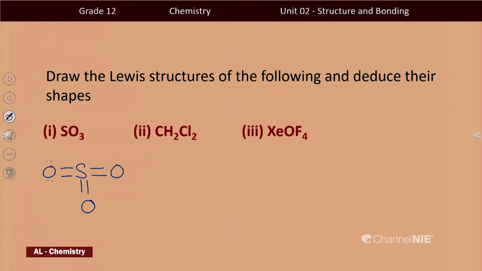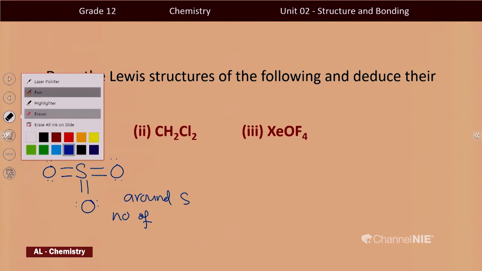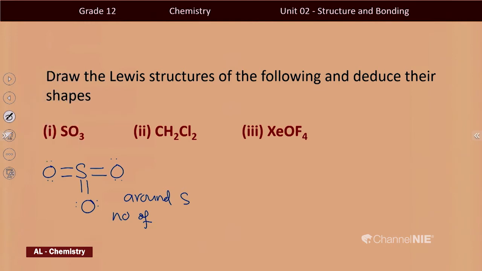This is the Lewis structure of SO3. So, around sulfur, the number of electron pairs.